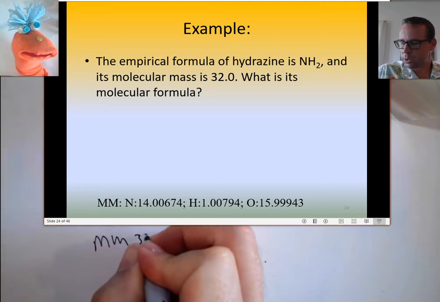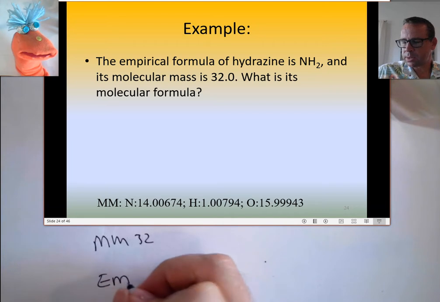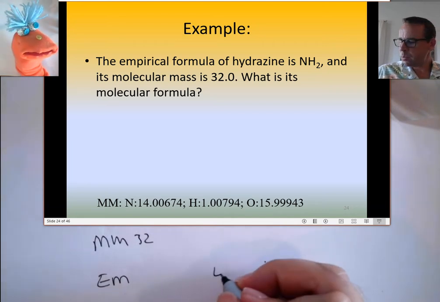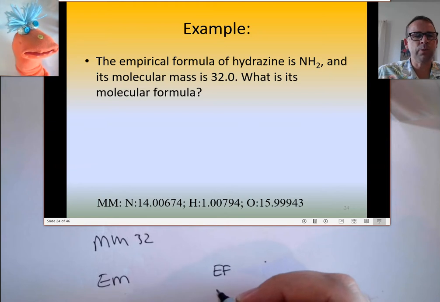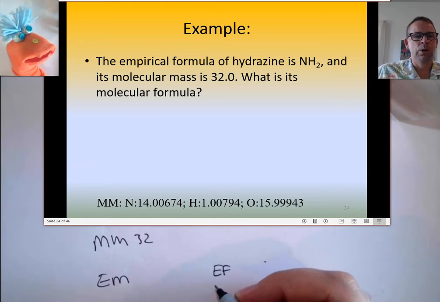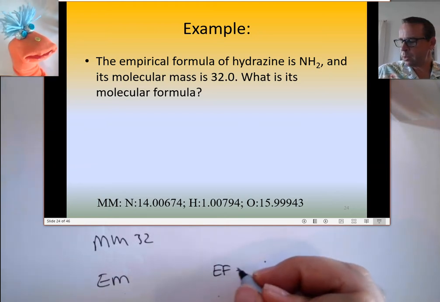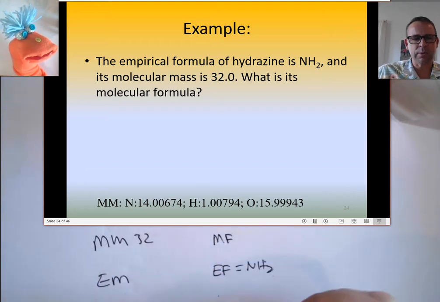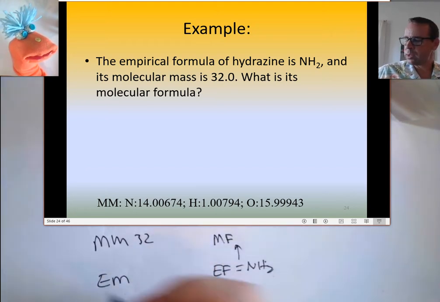Empirical mass, we haven't been provided necessarily. The empirical formula, do you know the empirical formula? NH2. That's right. Empirical formula, NH2. And what they're asking us for is the molecular formula.